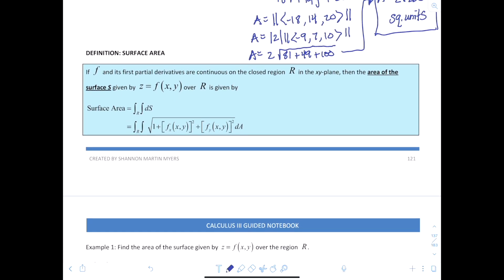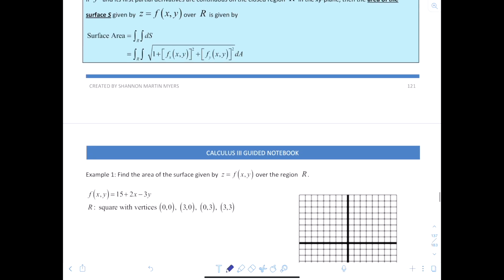If f and its first partial derivatives are continuous on the closed region R in the xy plane, then the area of the surface S given by z equals f of x and y over R is given by the double integral over R of the square root of 1 plus the first partial derivative with respect to x squared plus the first partial derivative with respect to y squared, dA. So let's look at an example.